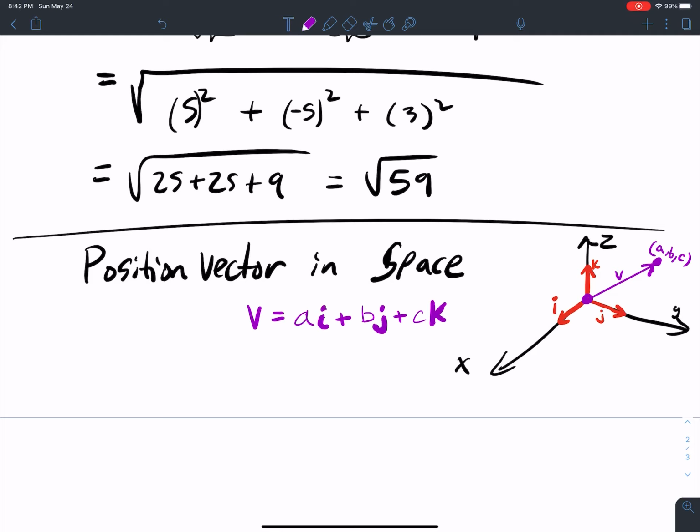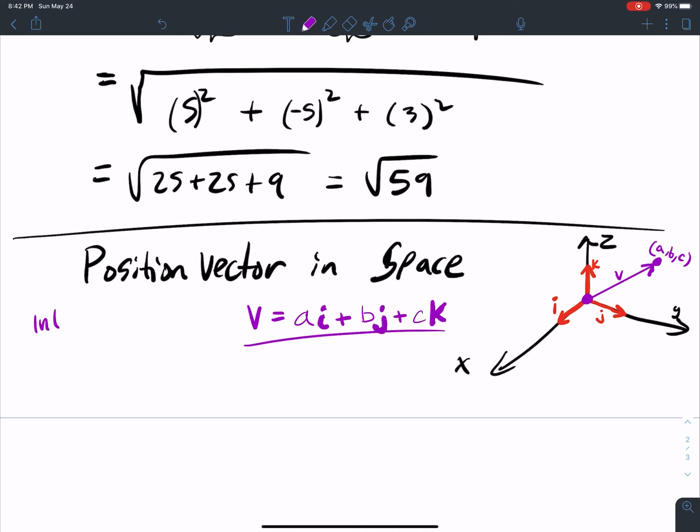So to represent the vectors in space, we introduce i, j, k. Directions are along the positive x-axis, the positive y-axis, the positive z-axis, respectively. If v is a vector with initial point at the origin and terminal point at this point ABC, then we can represent it as follows.